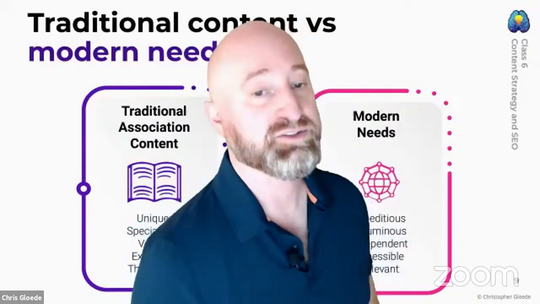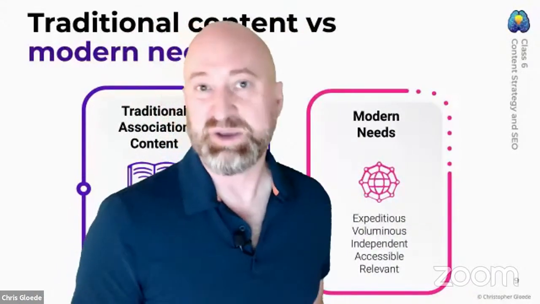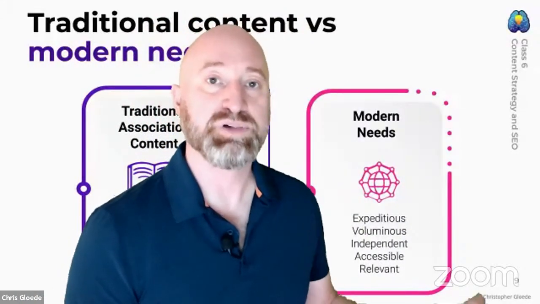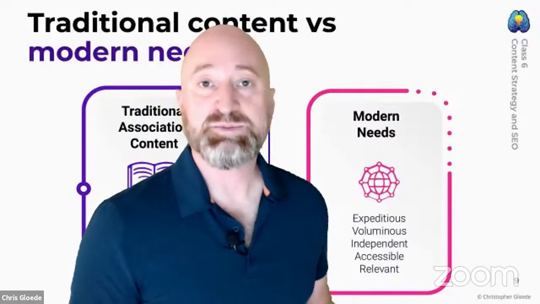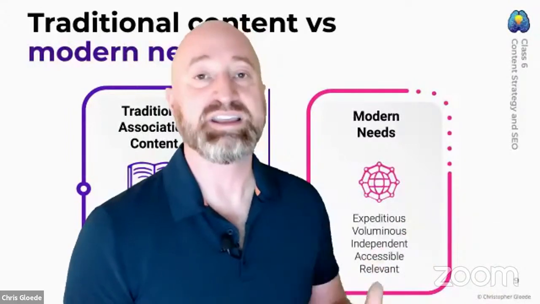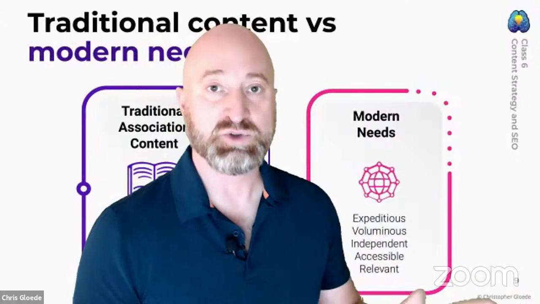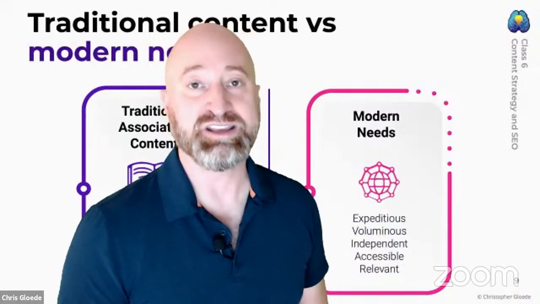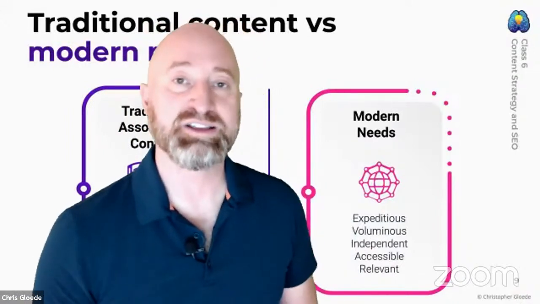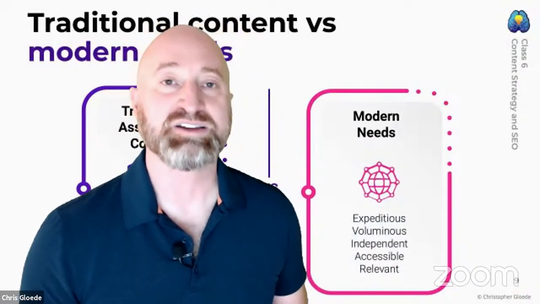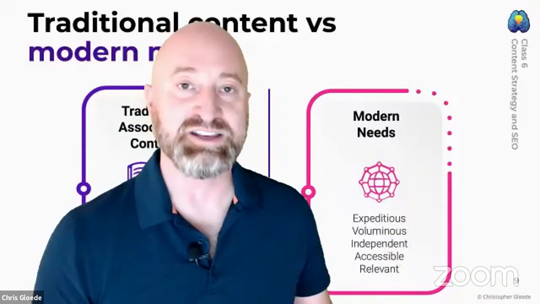So now we have modern needs, right? What was thoughtful and sometimes plodding in the past, P-L-O-D-D-I-N-G, is now all about expedition. How quickly can I get this content through the process and distributed out? It's voluminous. In the traditional model, I watched a documentary once about how CBS, ABC, and NBC created the nightly news.